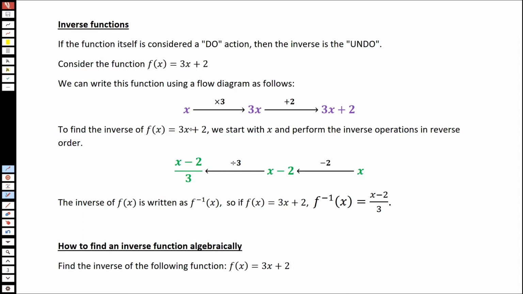And of course, you have seen here that the inverse of f of x, which is 3x plus 2, is that. Therefore, we can say that if f of x is given by that, then the inverse of that function, which is written like this, will be equal to x minus 2 divided by 3.